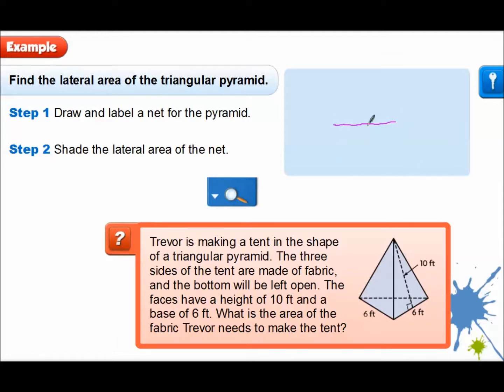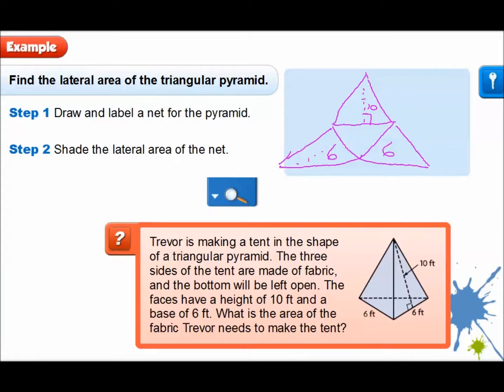Obviously, I'm not doing a very good job at drawing, but those are 6 and 6 here, and then if I draw the triangles off this way, that's 10. Now I've drawn my net.